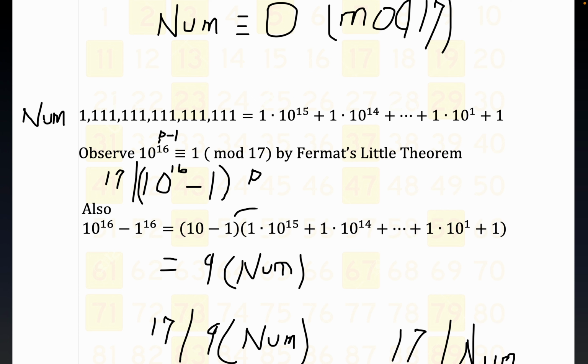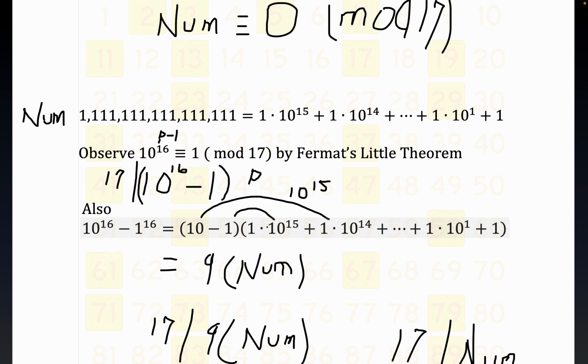Notice that this right here would give you minus 10 to the 15th, but then these guys right here would give you 10 to the 15th. You see that, folks? So these terms cancel out.